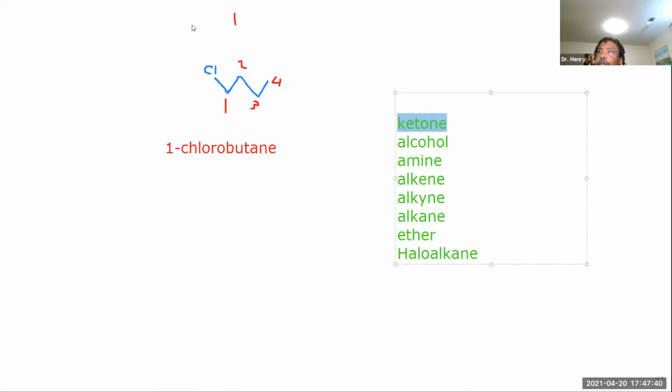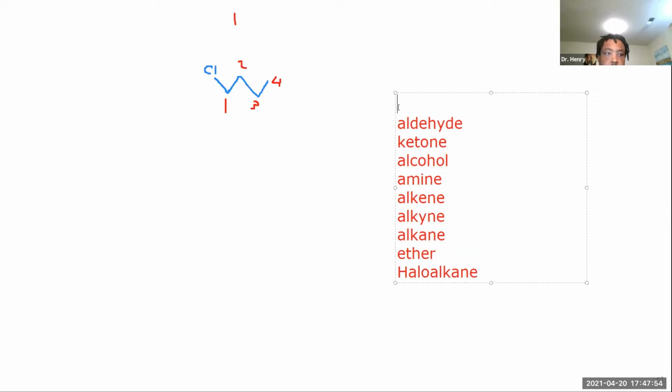So ketone, but in a different color. Aldehyde. And the carboxylic acid. So these are the ones that we're going to be going over.